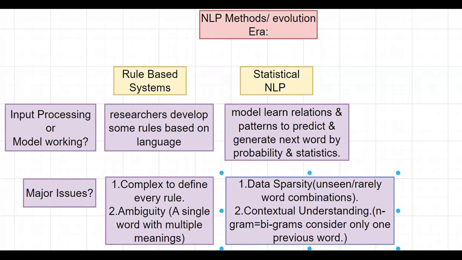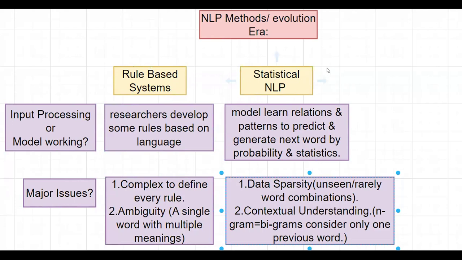These are the major issues that we face while using statistical NLP models. Not only those two n-gram models, you can pick any model, and you face these issues in real-time statistical NLP model utilization. To overcome the limitations of rule-based systems, we picked statistical NLP.